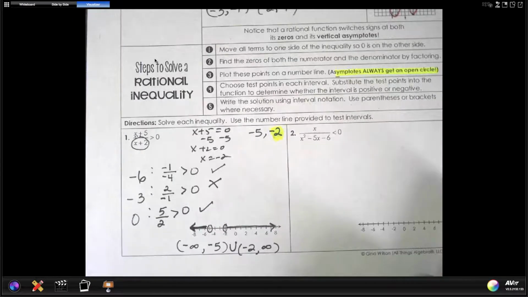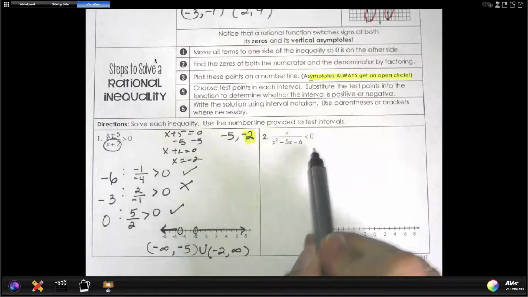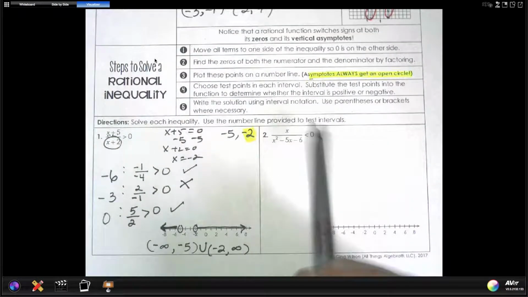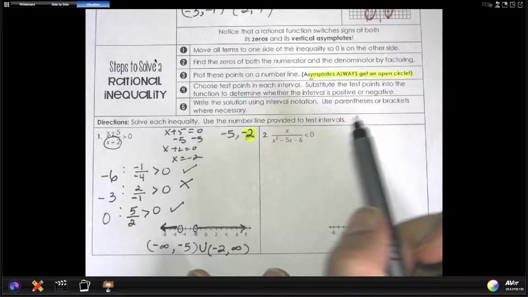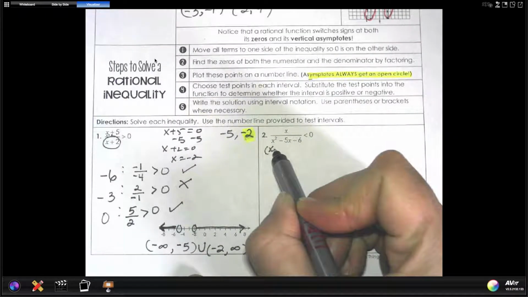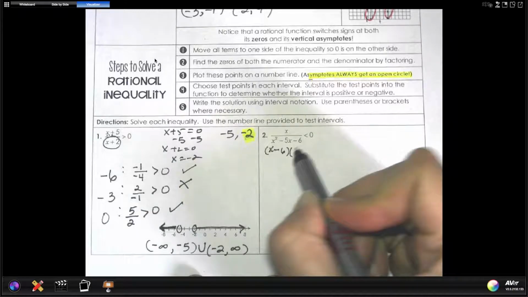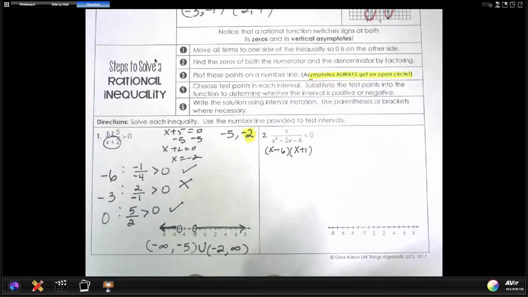All right, let's go to number 2. Number 2, we move all terms to one side. We have that. Step 2, find the zeros of both the numerator and the denominator. Well, I have to factor first. So this would be x minus 6 and x plus 1.